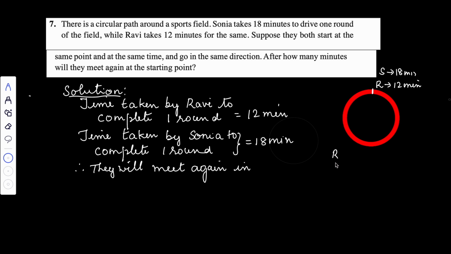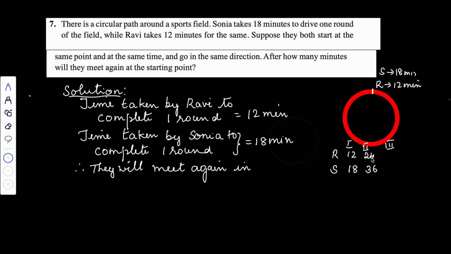Now we can try to understand how to do this sum. Ravi and Sonia: first round, Ravi will complete in 12 minutes and Sonia in 18 minutes. Second round, Ravi will complete in 24 minutes and Sonia in 36 minutes.